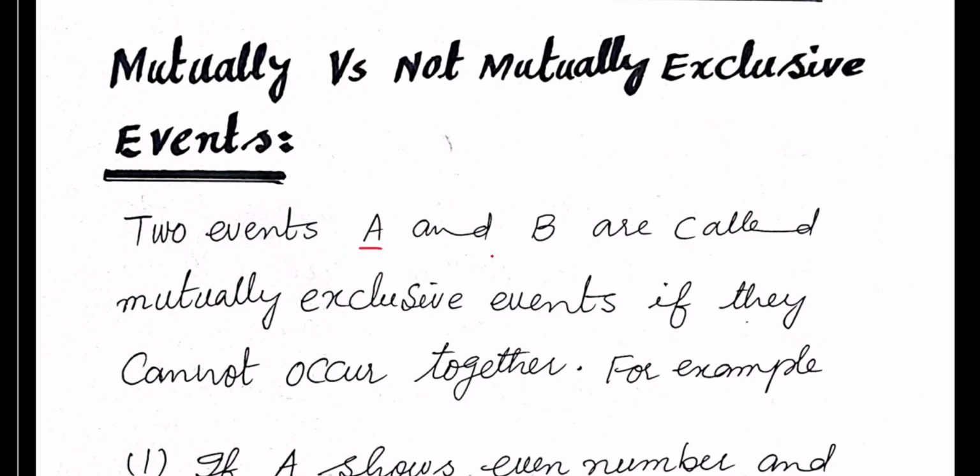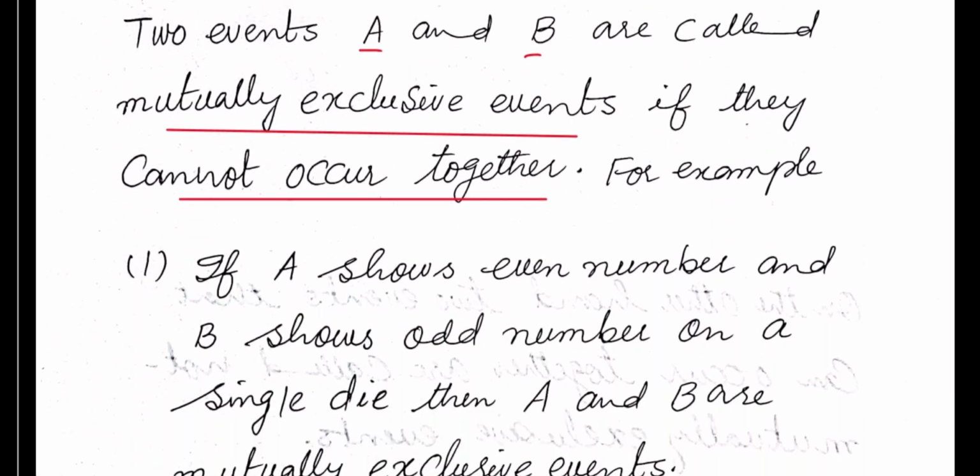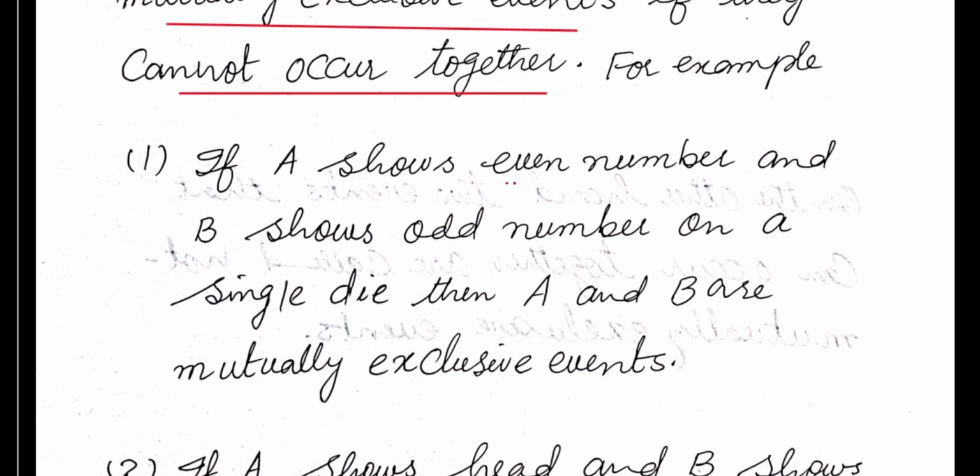Two events A and B are called mutually exclusive events if they cannot occur together. For example, if A shows an even number and B shows an odd number on a single die, then A and B are mutually exclusive events.